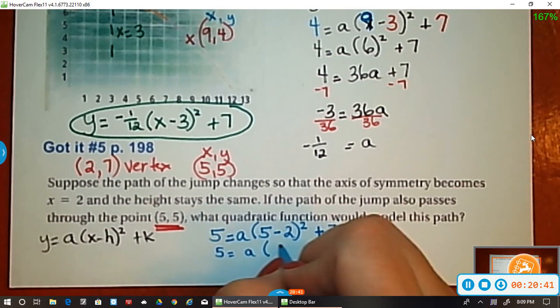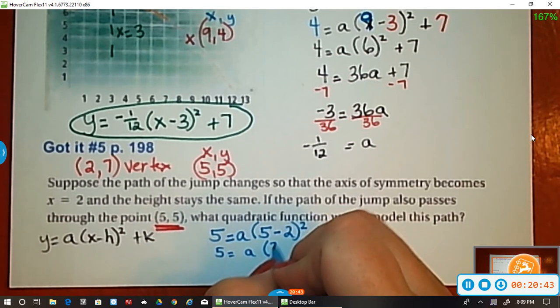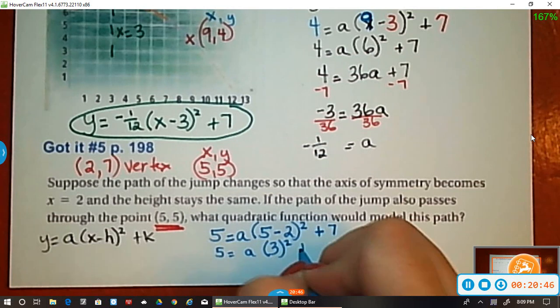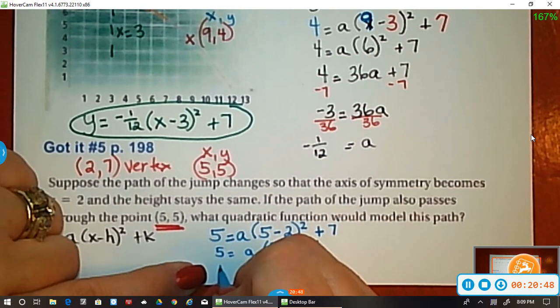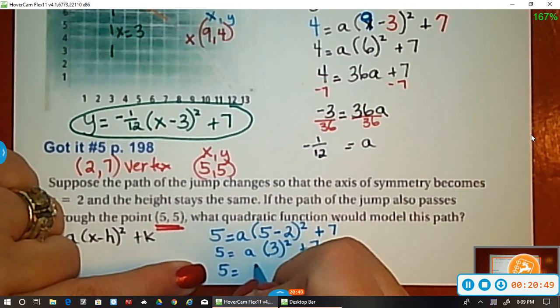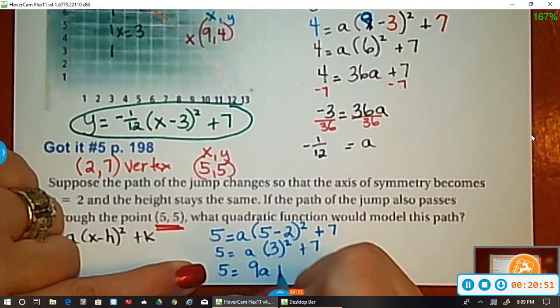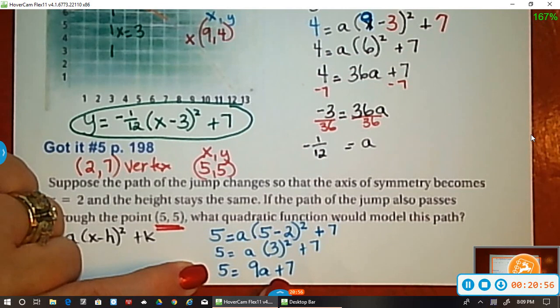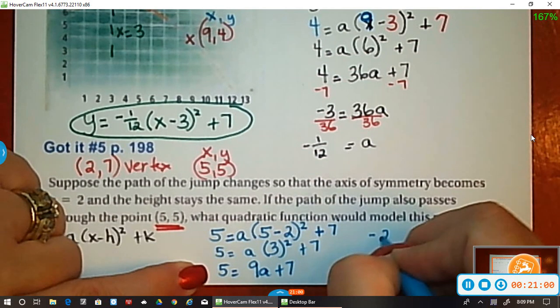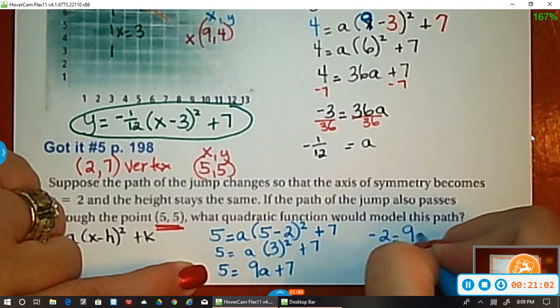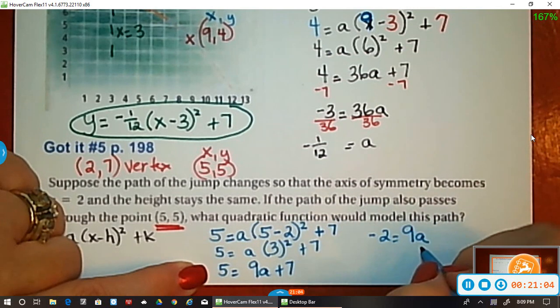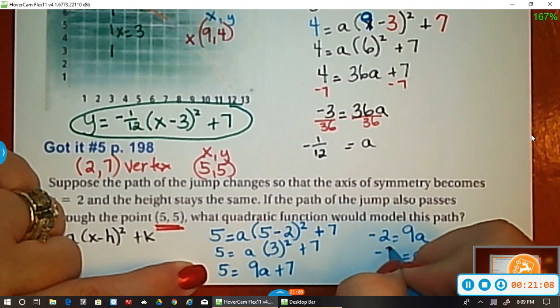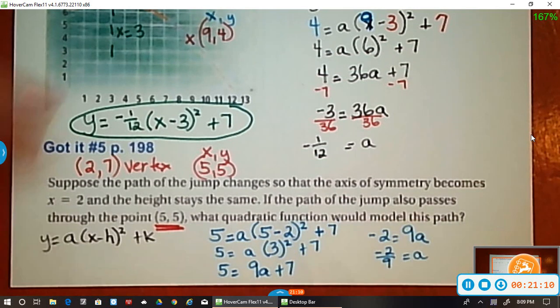So 5 minus 2 is 3 squared. So I end up with 5 equals 9a plus 7. I have to subtract 7 from both sides. So that will give me negative 2 equals 9a. Divide both sides by 9, and a is negative 2/9.